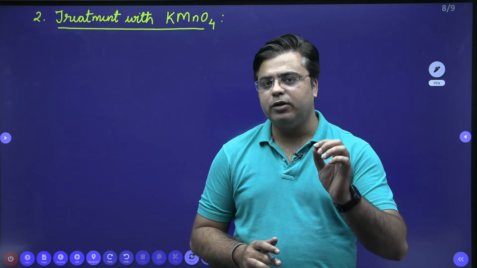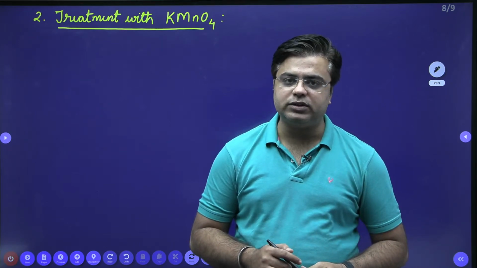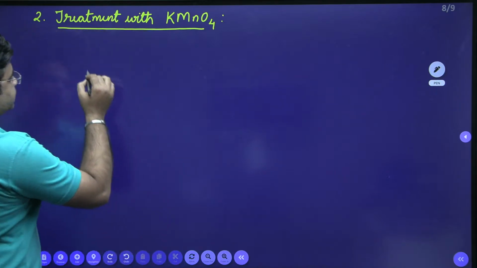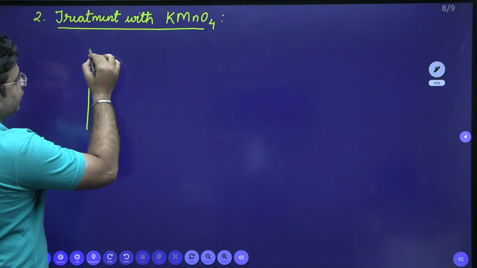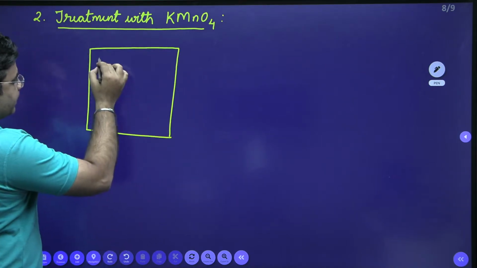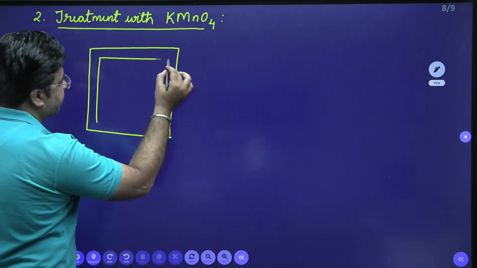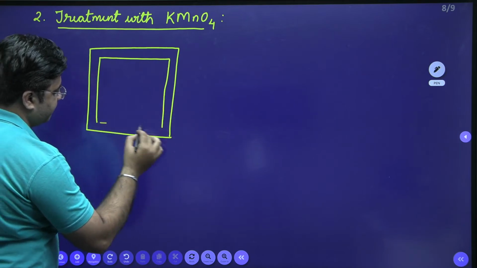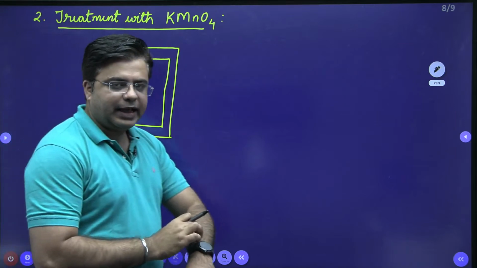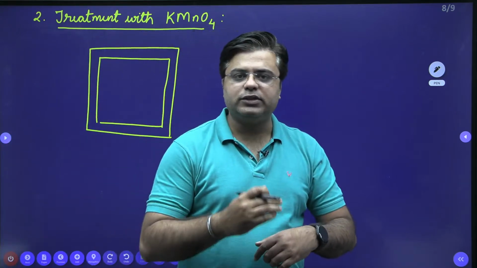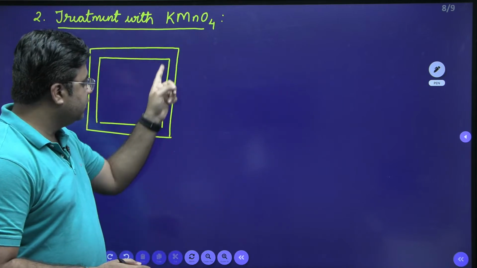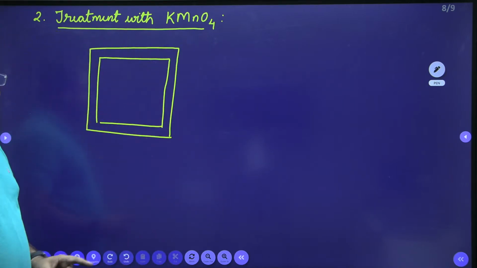Now this KMnO4 is again a very strong oxidizing agent. What this KMnO4 does is, this is the cell wall of microorganisms. Okay. Now as our skin has pores from where sweating happens, the same pores are present in the cell wall of microorganisms.